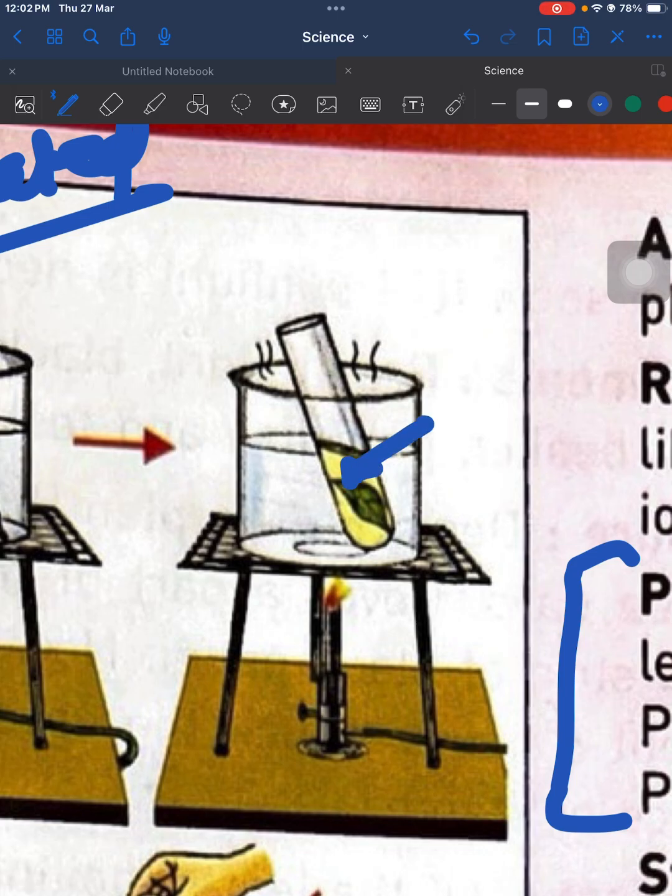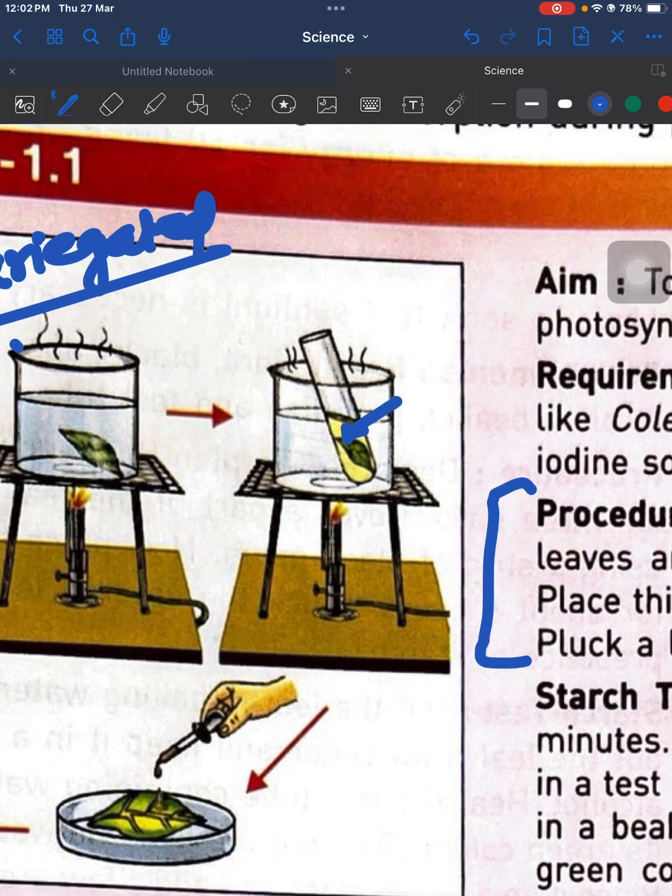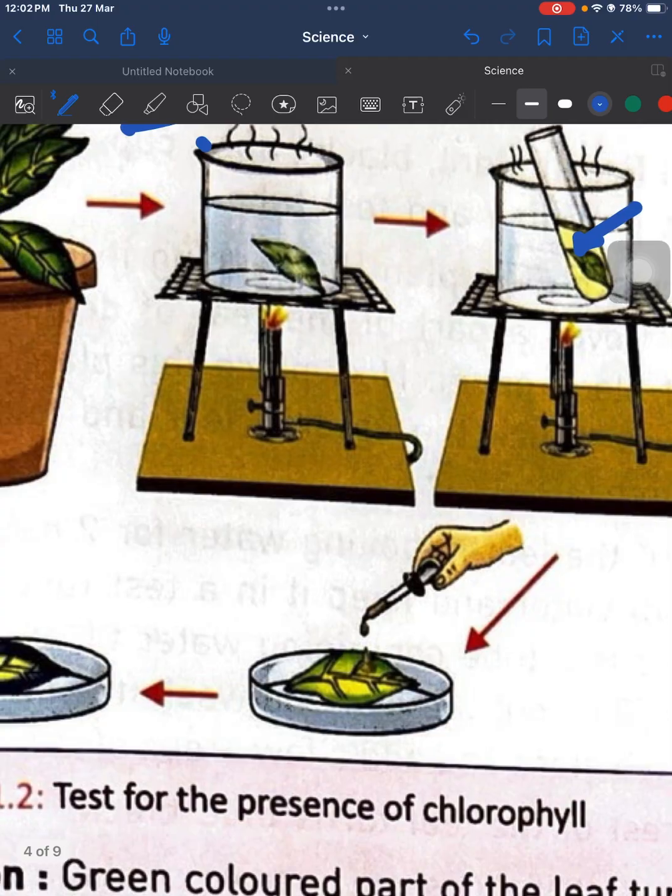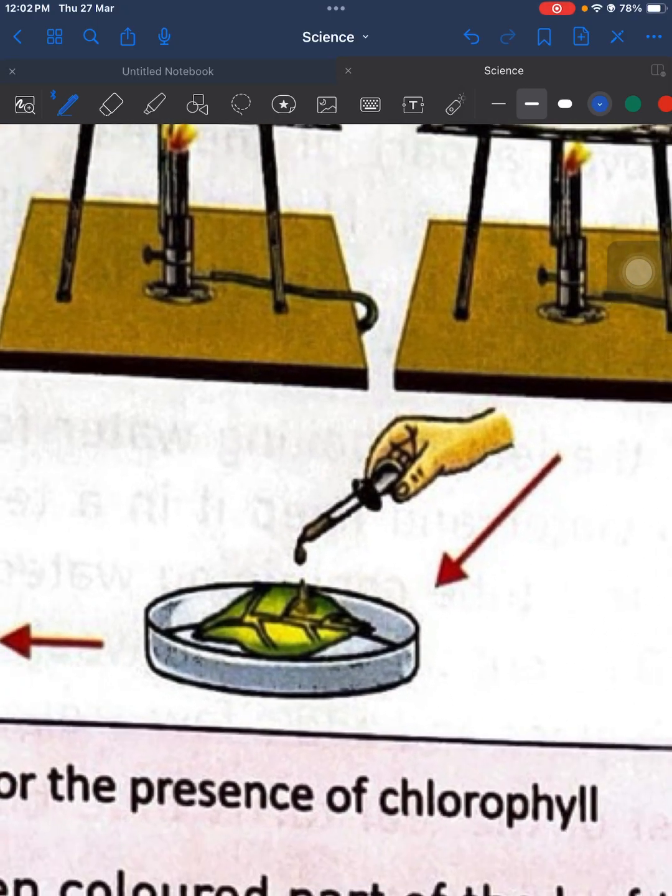You can see alcohol is there, and we warm this test tube in a water bath, not directly on the flame. We should keep the test tube in the water, and the water should be boiling. During this process all the decolorization happens, and then we take out the leaf. Everything is now decolored, only the green portion remains, where chlorophyll is present and photosynthesis has happened.